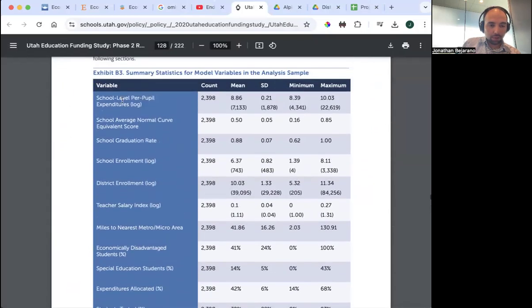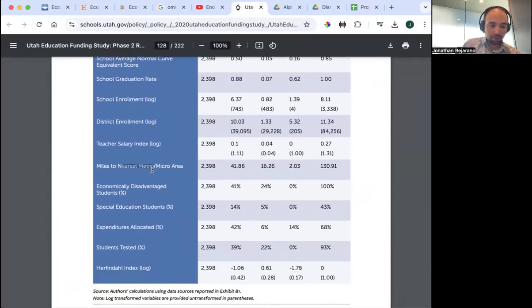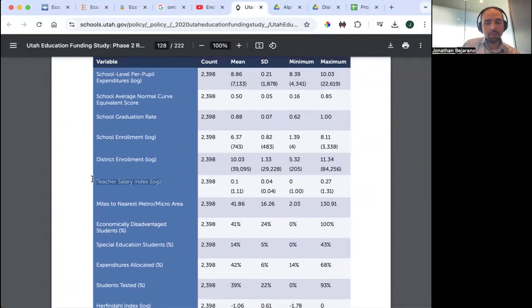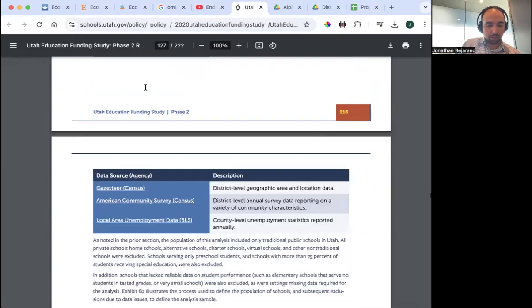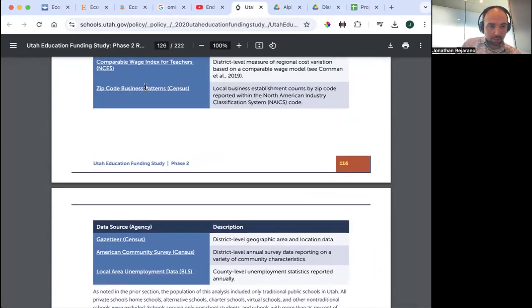You can see right here, we've got variables like per pupil expenditures, graduation rate, district enrollment, miles to nearest metro, special education students. All of these things are included, and we're also taking the log of some of these. That helps us with the nonlinear relationship between the two, which wasn't done by the legislative auditor's office in their administrative cost study.